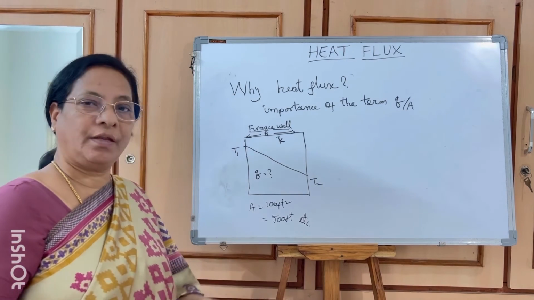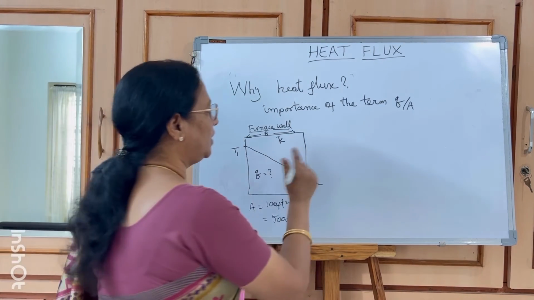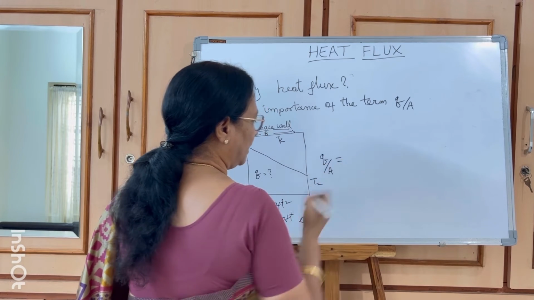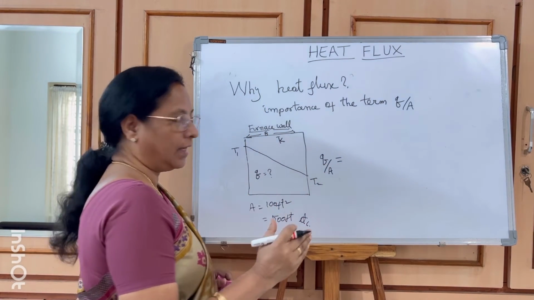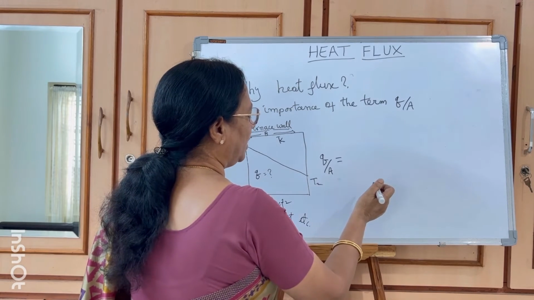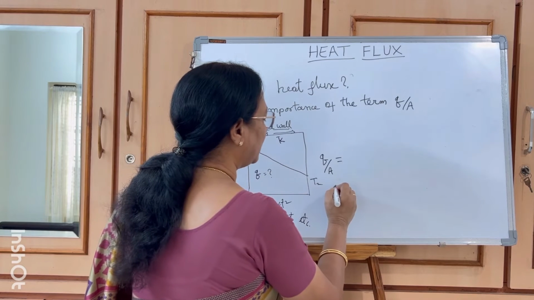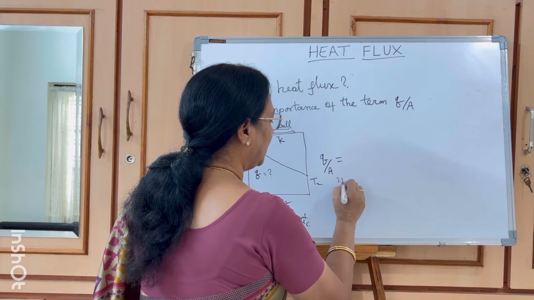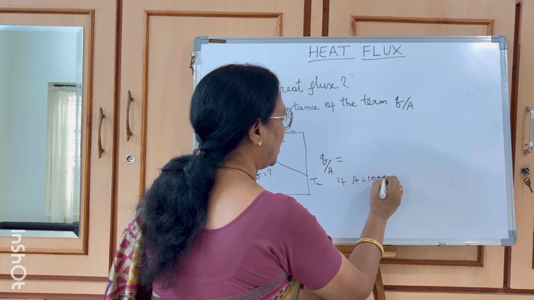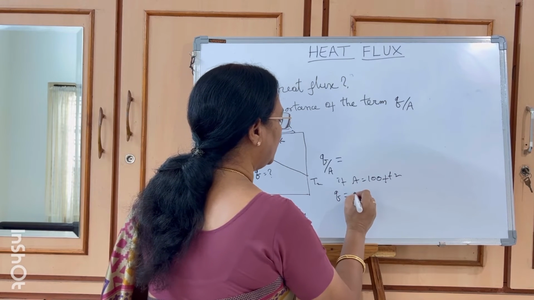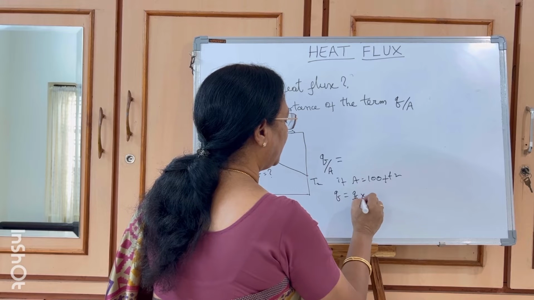So what will be convenient is if the engineer gives the calculation for Q by A, that is per square meter. Then for any area of the wall, say A is 100 feet square, Q is equal to Q by A into A.